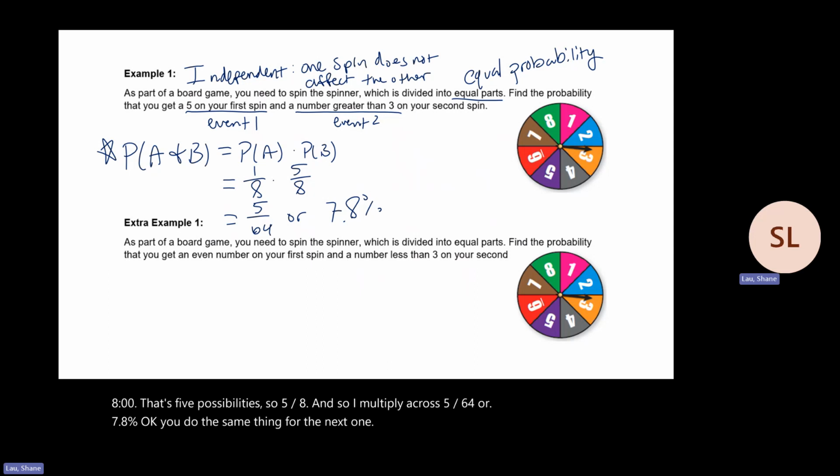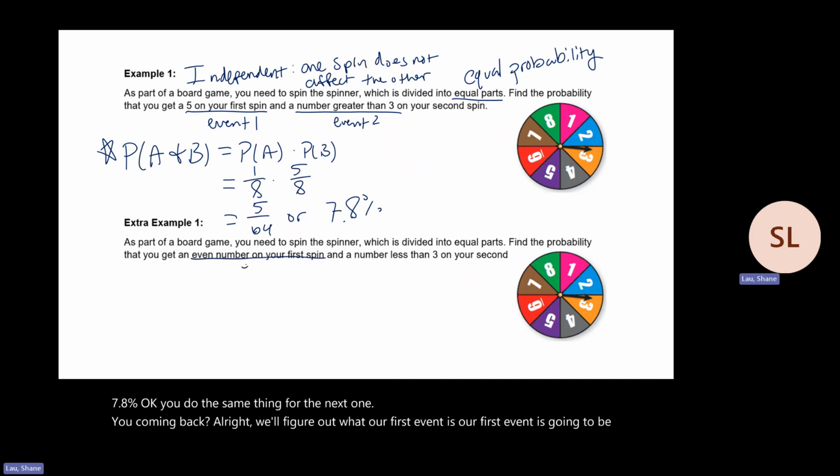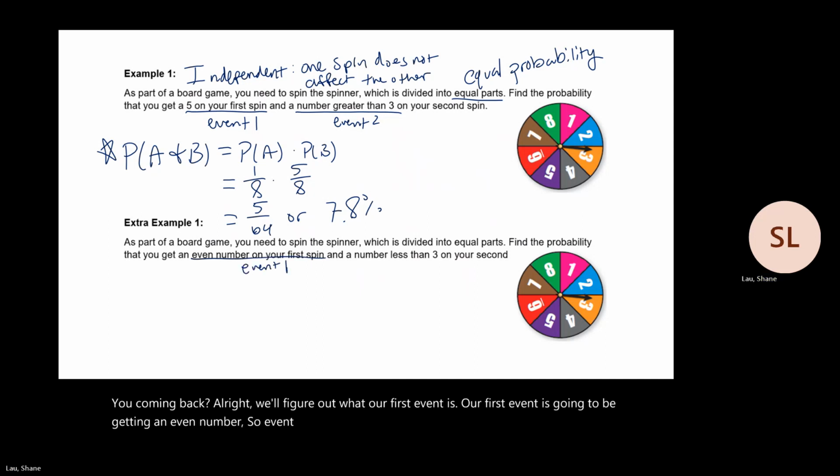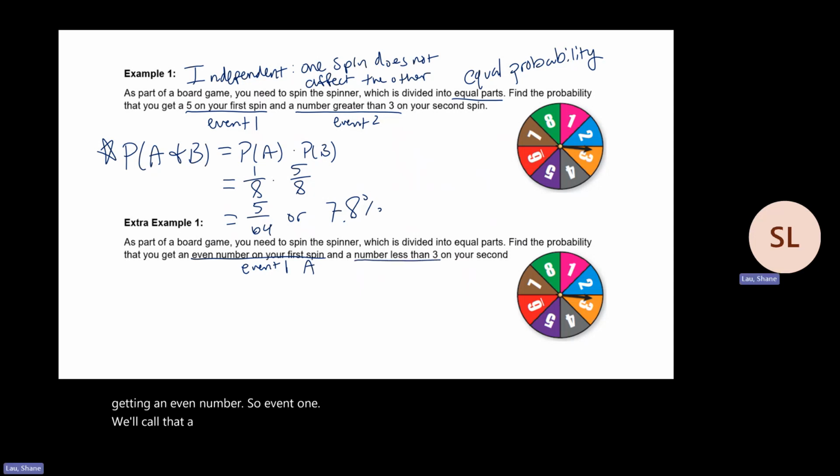You do the same thing for the next one. You come on back. All right, we'll figure out what our first event is. Our first event is going to be getting an even number. So event 1, we'll call that A. Then event 2, called B. And we'll do the same thing because they're independent from each other.